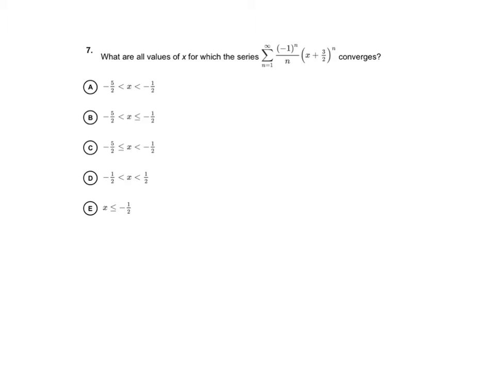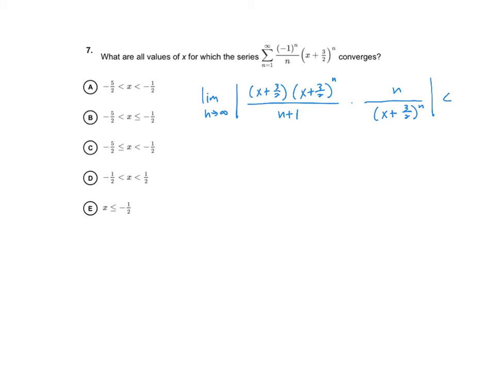So this will be the limit of x plus 3 over 2 times x plus 3 to the n, and then times the reciprocal. This less than 1.